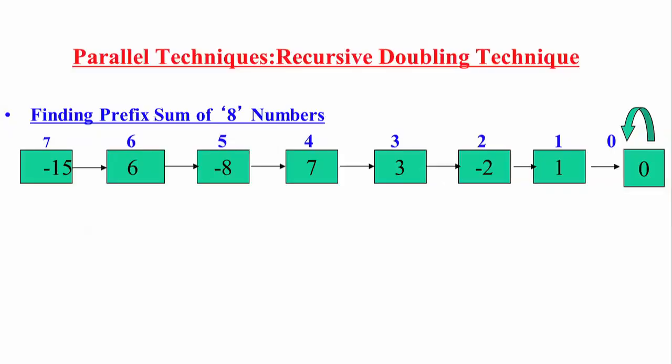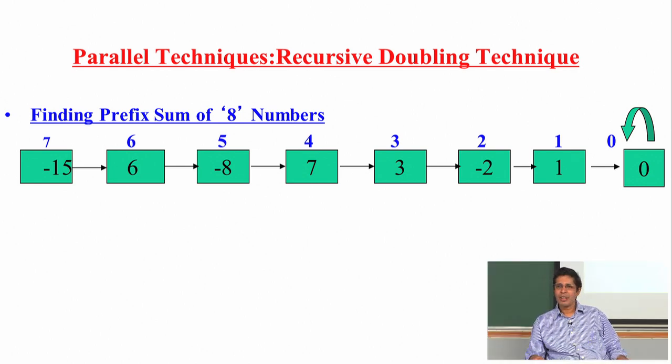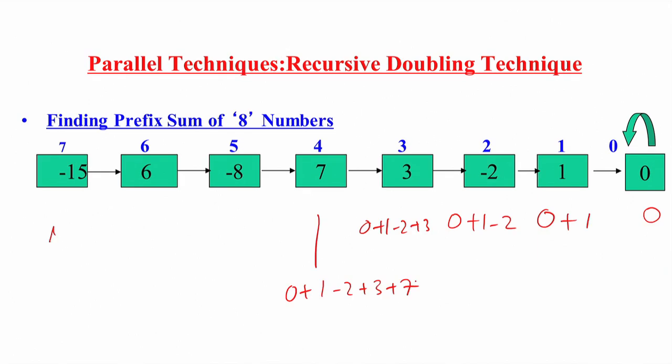Now let us start with this very interesting technique called the recursive doubling technique. I want to find the prefix sum of 8 numbers. What I mean by prefix sum is, I want 0, 0 plus 1, 0 plus 1 minus 2, 0 plus 1 minus 2 plus 3, and so on, up to 0 plus 1 minus 2 plus 3 plus 7 minus 8.